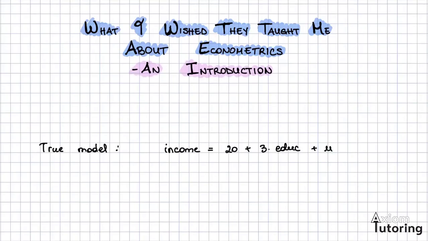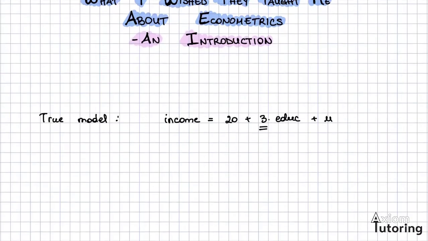So the interpretation of the 3 is that every additional year of education increases my annual income by 3. Let's say income is in thousands, so by 3,000. We estimate this using perfectly measured data, and the OLS gives us beta 1 hat equals 3.02.